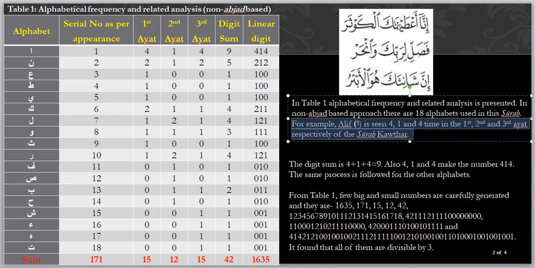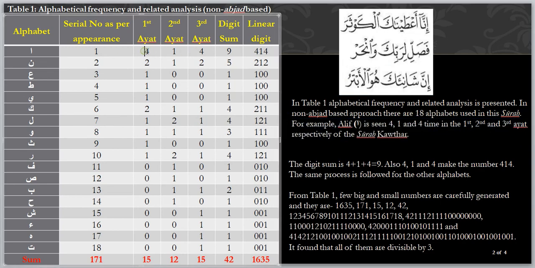So Alif has appeared 4 times in the first ayat. As per the order of appearance it is first, but in the first ayat, Alif is repeated 4 times.